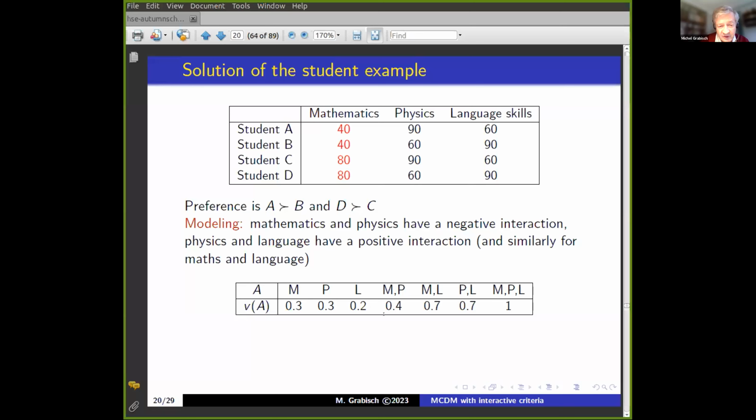Okay. Then I apply the definition of the Choquet integral and I find the following overall score. And you see that A is ranked before B and D is ranked before C, as wished. So we have succeeded in a very easy way to model the preference of the decision maker.